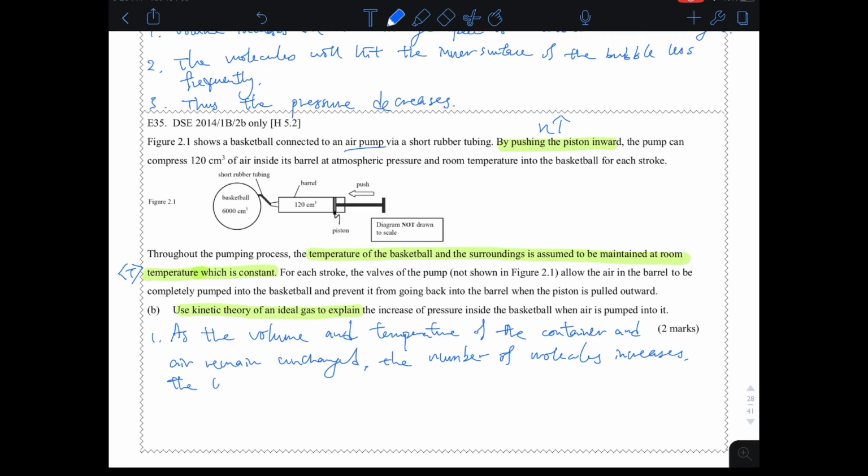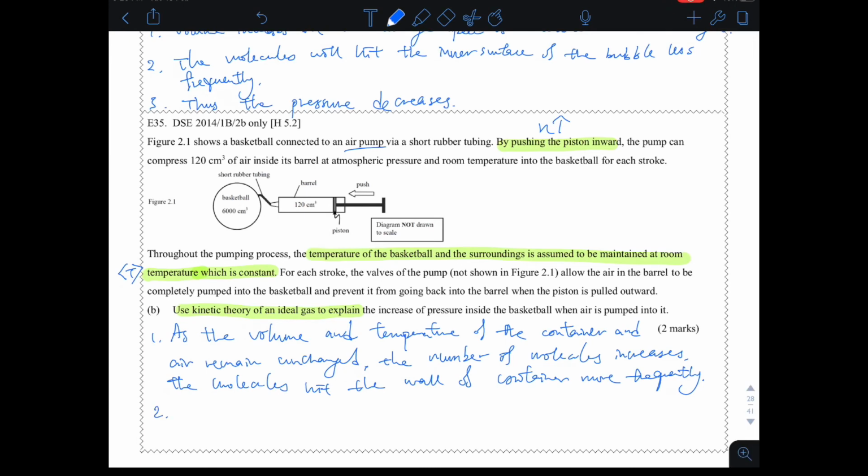With that, the molecules hit the wall of container more frequently. Because you have more molecules, then you have more frequent collision.